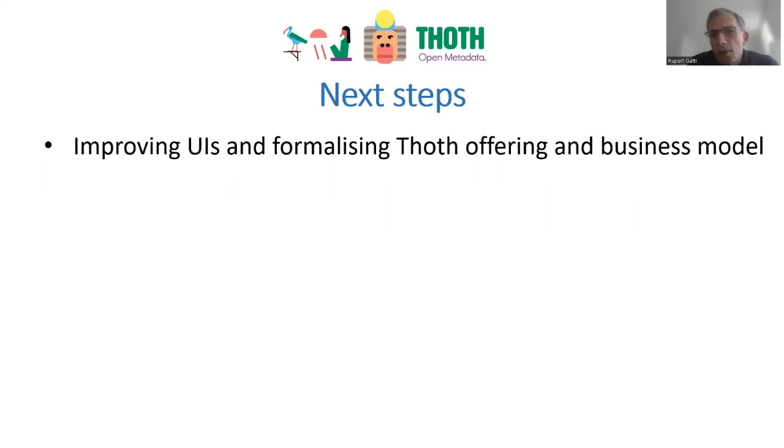Our plans over that period, initially to improve our user interfaces, formalizing the Thoth offering and the business model, so that we have a robust and sustainable model going forward, which will involve both, as we said, software as a service on one hand, and also library collective funding through the Open Book Collective on the other.